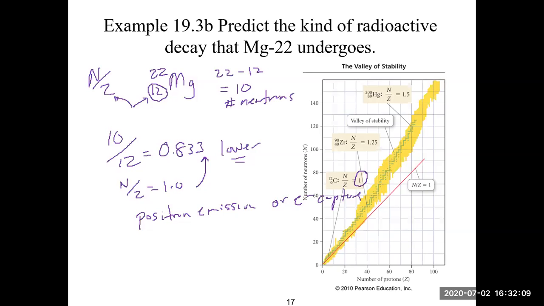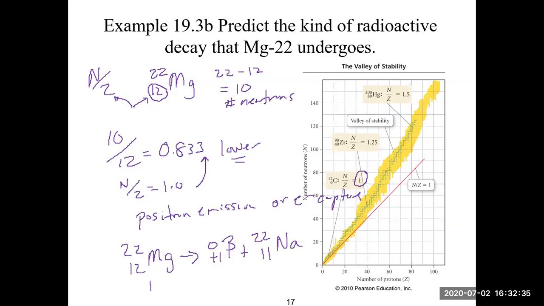So if you were to write that equation, it would be magnesium 22 giving off our positron, and our missing atomic number in this case would be 11, and our mass number would be 22. Atomic number 11 on the periodic table is sodium.